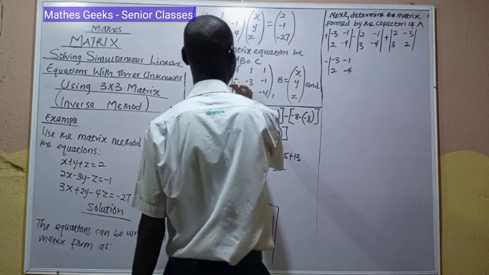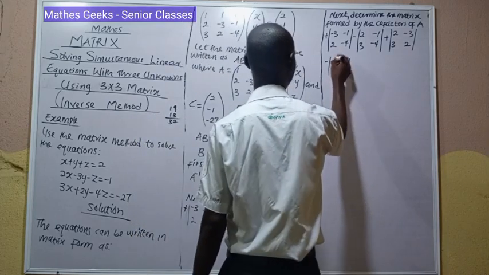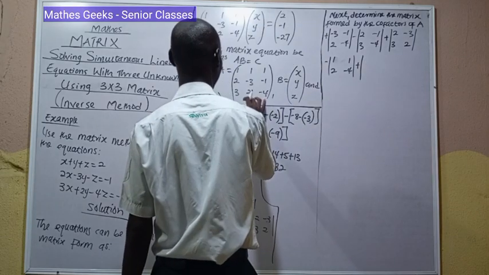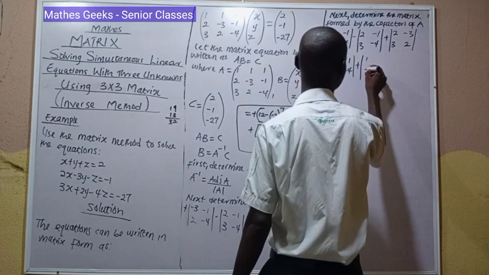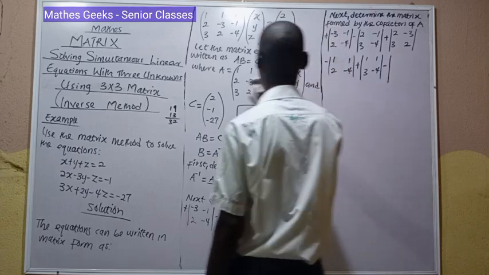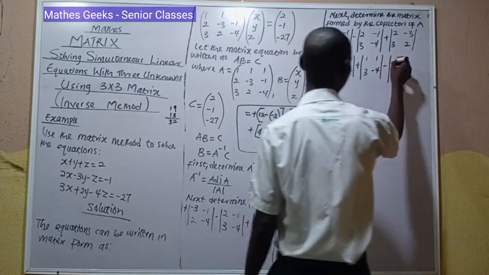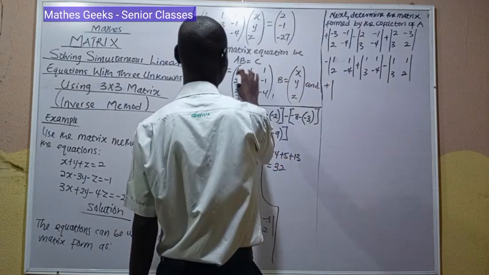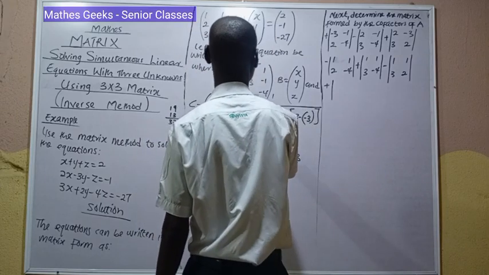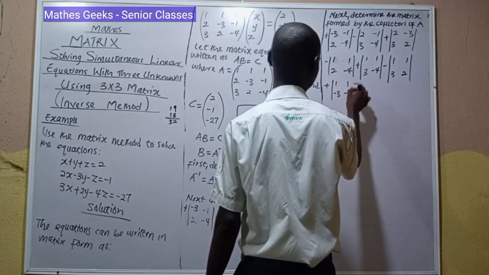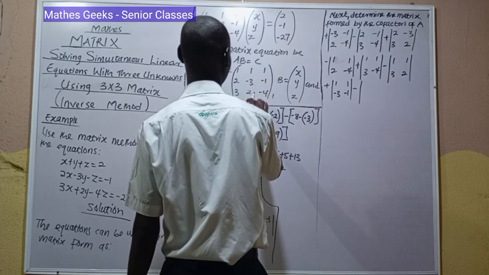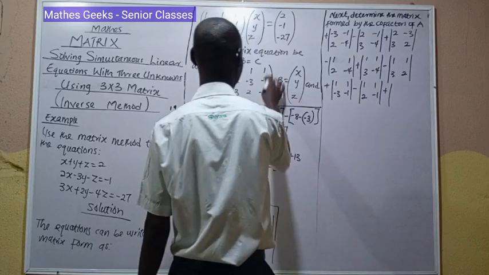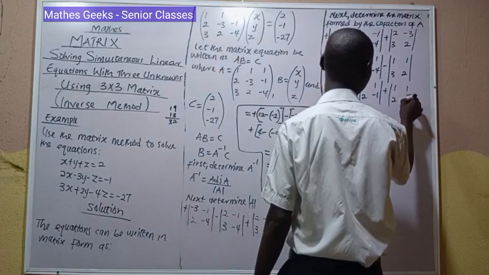Now, second row, first column, 1, 2, 1, minus 4, plus second row, second column, 1, 3, 1, minus 4, minus second row, third column, 1, 3, 1, 2, plus third row, first column, 1, minus 3, minus 1, minus minus third row, second column, 1, 2, 1, minus 1, plus third row, third column, 1, 2, 1, minus 3.